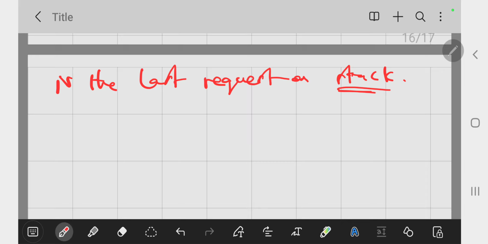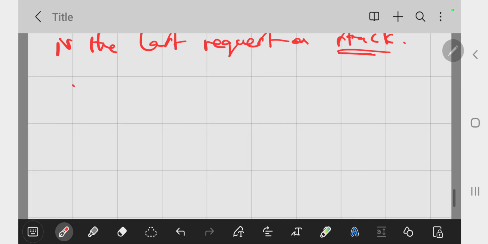So when we look at stack, we're not going to go into details trying to understand how it functions and all that, because remember, this is just an introductory course to computers. It is not preparing you to become a computer scientist or anything like that. So let's just look at a brief picture.